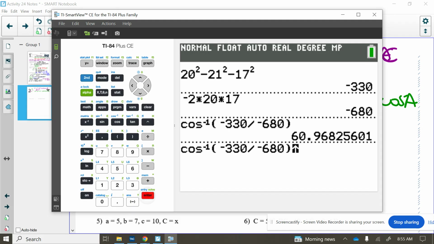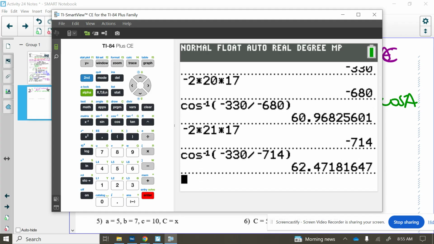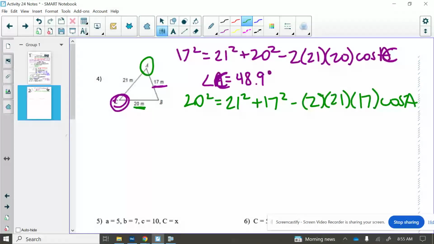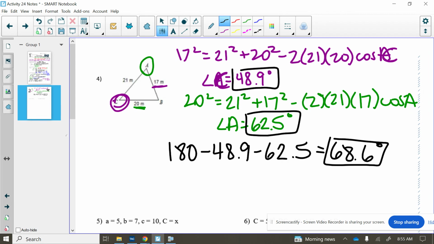This should have been 21 times 17. So it should actually be negative 714 that we're dividing by. So be very careful there. Now we get that correct answer of 62.5 for angle A. And then last but not least, 180 minus our 2 angles will give us our final answer of 68.6 degrees. So we have all 3 of those angles.